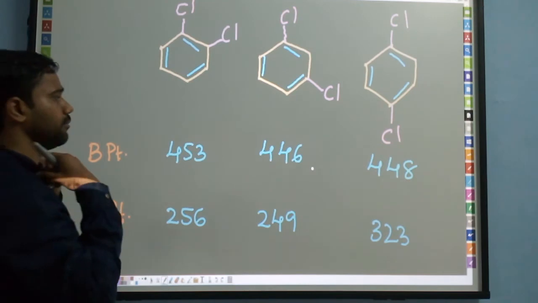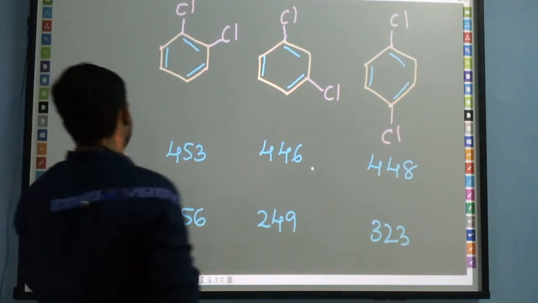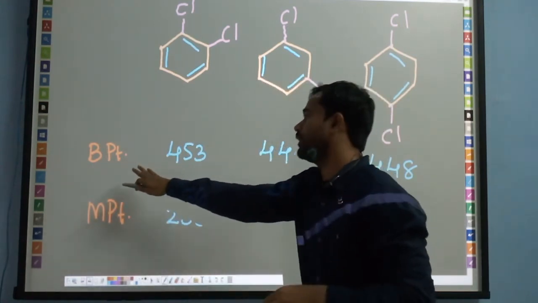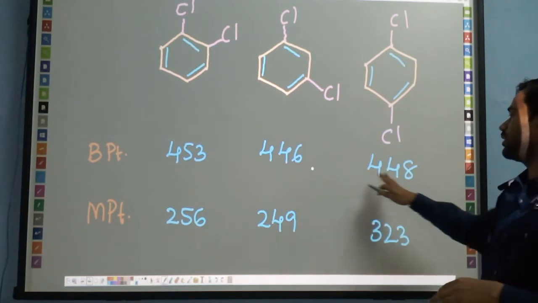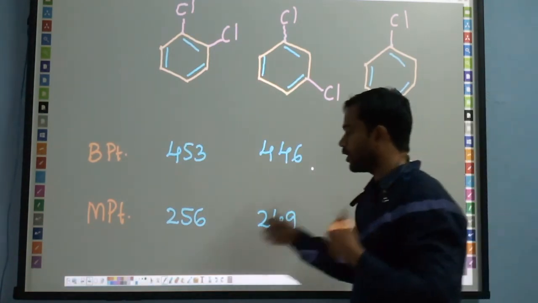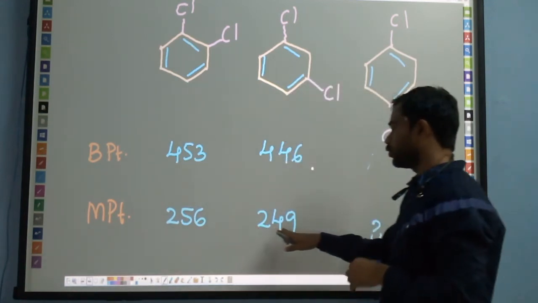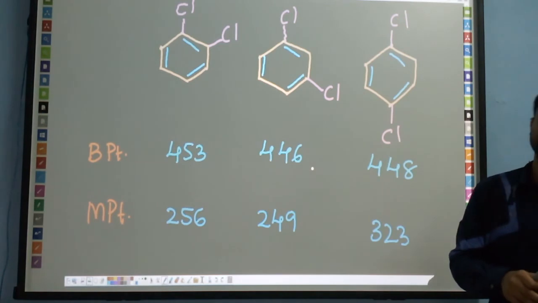Let's see the melting point and boiling point comparison. I have given the data here. The boiling points are 453 Kelvin, 446 Kelvin, and 448 Kelvin. The melting points are 256 Kelvin, 249 Kelvin, and the last one is 323 Kelvin.